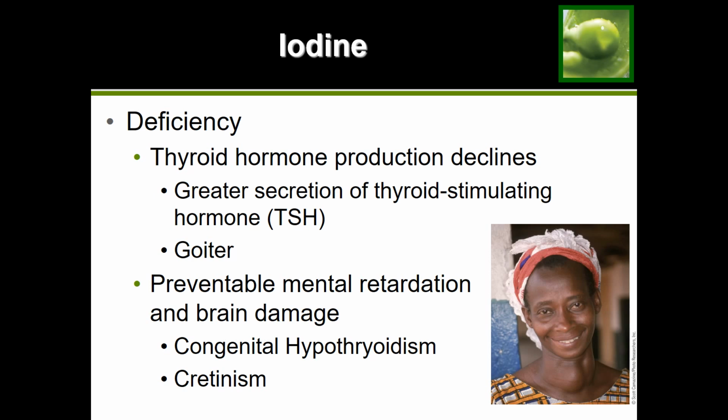And if a woman does not correct the iodine deficiency, her baby can be born hypothyroid, where the thyroid doesn't function as well, or the baby can be born with a form of dwarfism that we call cretinism. This is not just physical dwarfism, but it affects the brain, the ability to think properly. The child will end up having behavioral issues and issues with learning as well.